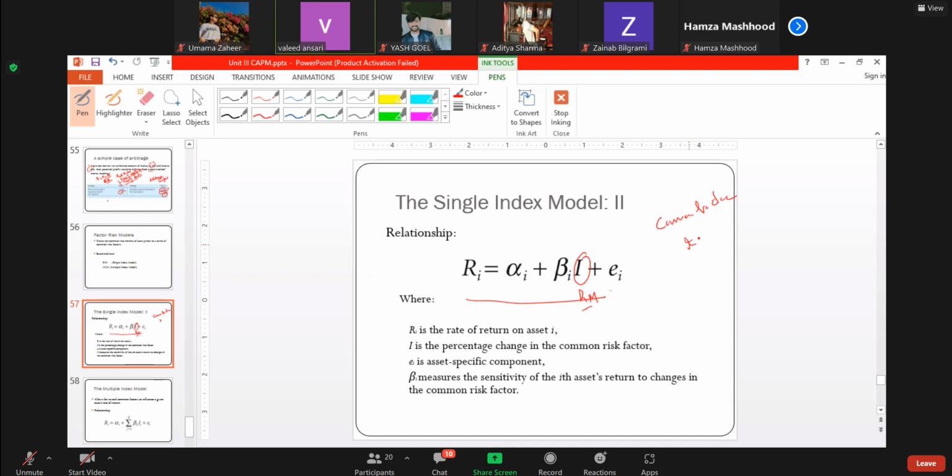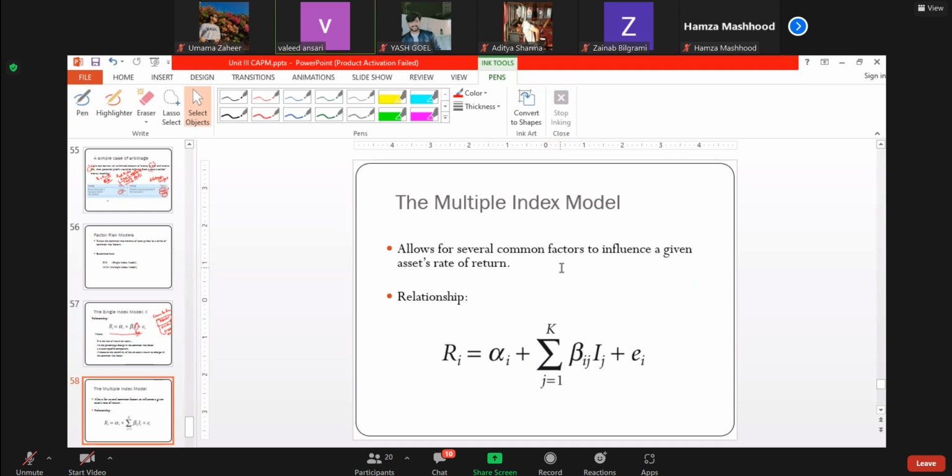Let us say inflation in the economy, industrial production, GDP, exchange rate, just as examples. These are the common factors. A single-factor model is where returns are generated by a single factor. But Stephen Ross says that the return on a security is determined by multiple factors. That is why I go from 1 to K, the number of factors that may be there. It is like a multiple regression you run.